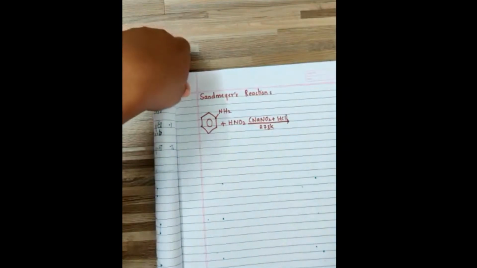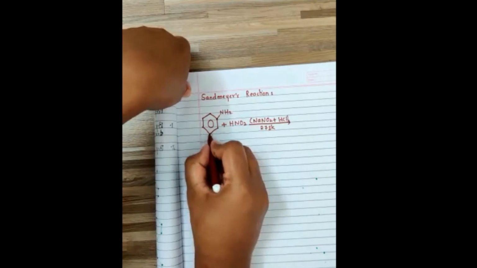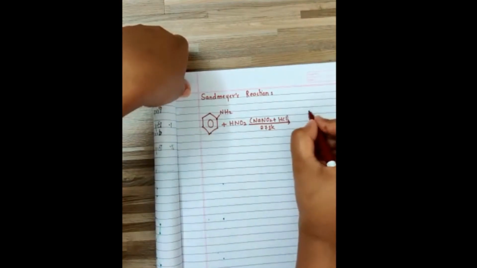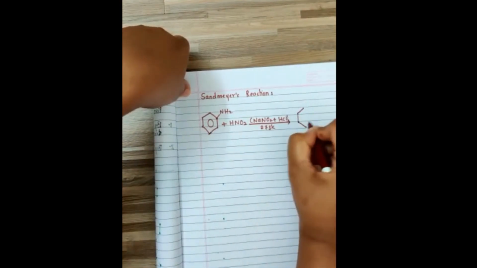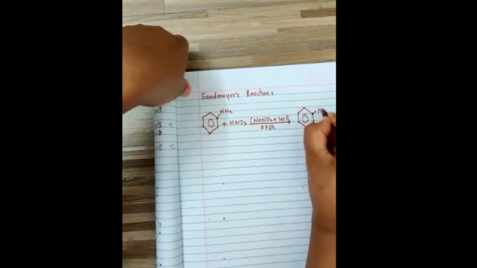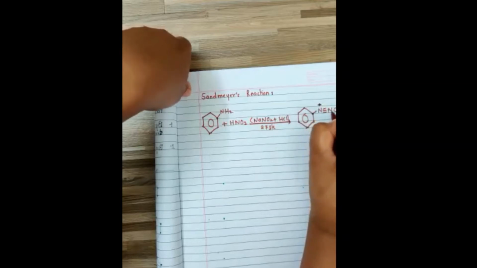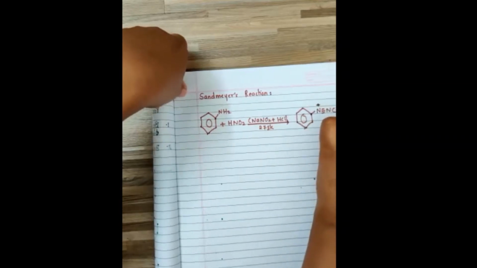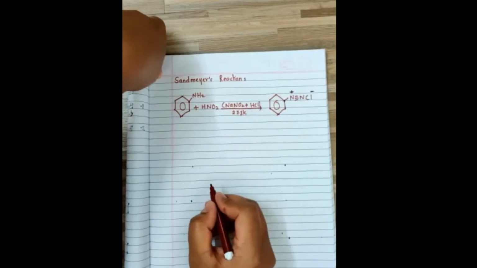When we treat nitrous acid with aniline, we obtain the benzene diazonium salt, which is N triple bond N Cl. Here the N carries positive charge and this N2 carries positive charge and chlorine carries the negative charge.